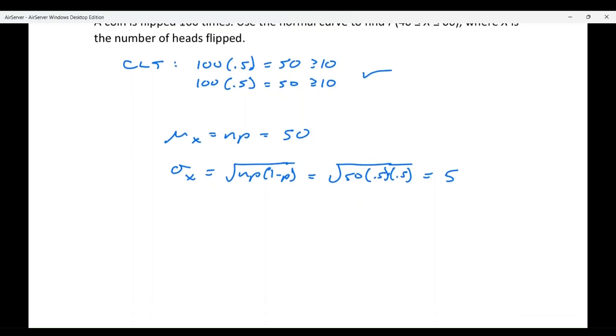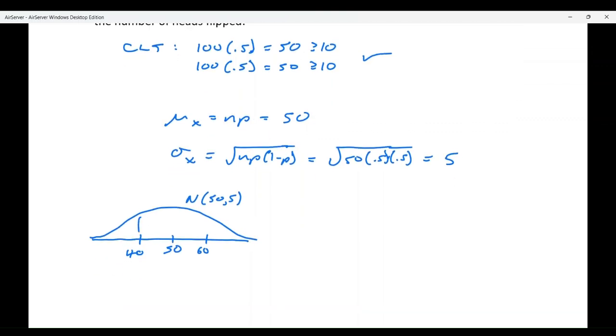So let me draw this out, because that'll also help explain that idea of correcting. All right, so we've got a mean of 50. We've got n of 100, and we want to find the area between 40 and 60.